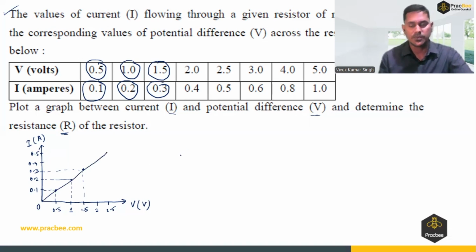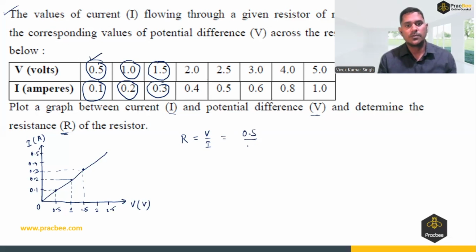Now suppose we are finding the resistance. For finding the resistance, R equals V over I. We can take any of the values. For the first value, R equals 0.5 upon 0.1. The decimals get cancelled, so we get 5 ohm as the answer. You can take any corresponding value.